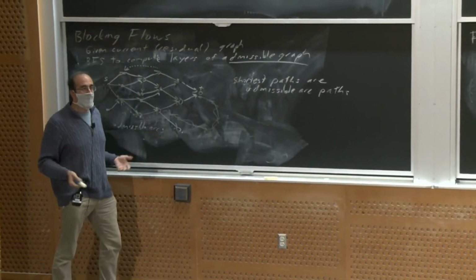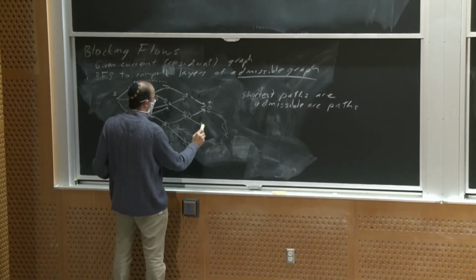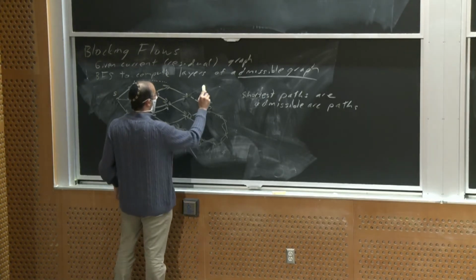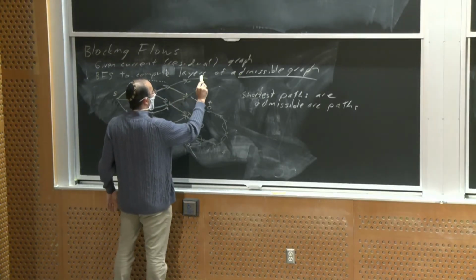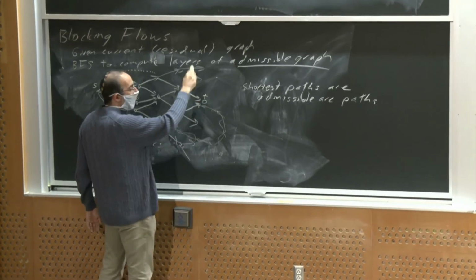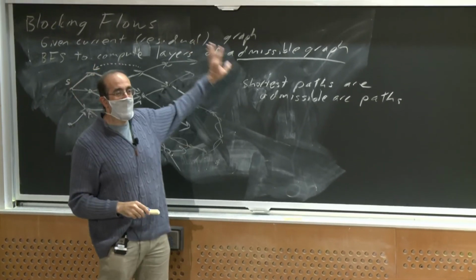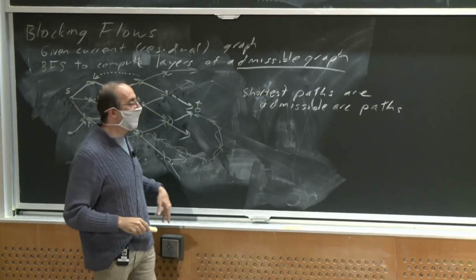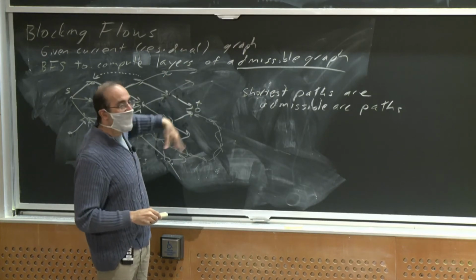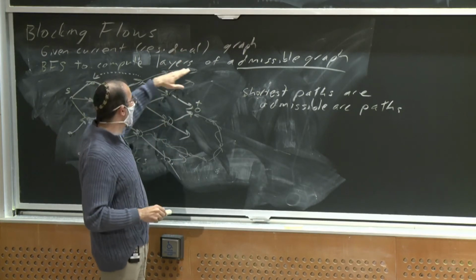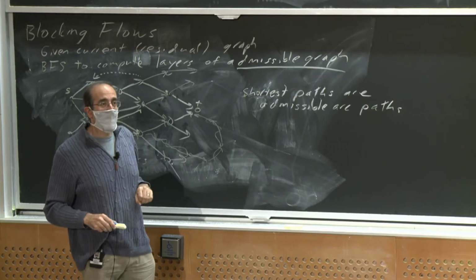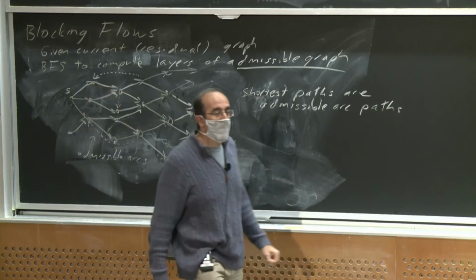I'll discover that during the blocking flow. So in fact, the admissible graph is going to look more like this when I first compute it. I can stop when I get to the layer of T because nothing beyond it is possibly admissible. But I may have other vertices at the same level as T and paths that go to those vertices but don't reach T.